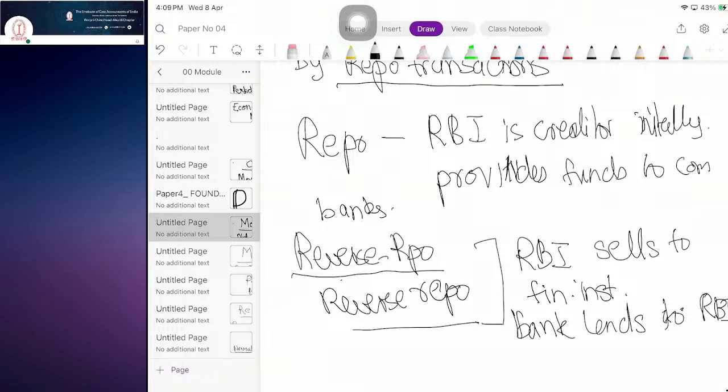So it must be, yeah, I think it looks like D. Are you getting this concept? Repo and the reverse repo?